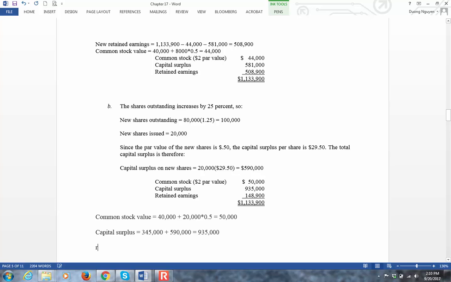The new retained earnings would be equal to the total equity, 1,133,900, minus the new common stock value, which is 50,000, minus the new capital surplus, which is 935,000, and you get 148,900. Okay.